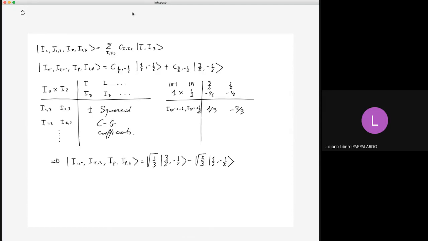Here the Clebsch-Gordan coefficients have to be taken as the square root of the values that you take from the table, with the proper sign. Now, to show you all this on the table, let me switch to the slides.